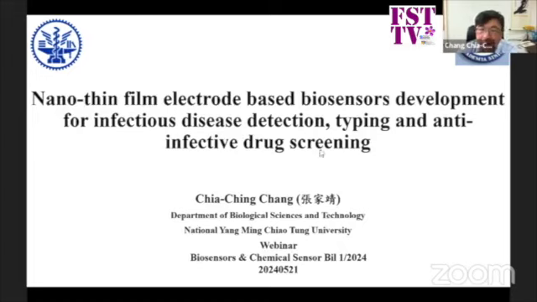Today I will briefly introduce how we develop the nano-thin film electrode for biosensing. Then we use this biosensing electrode to detect infectious disease. We also found that some diseases may mutate rapidly, so typing will be important.